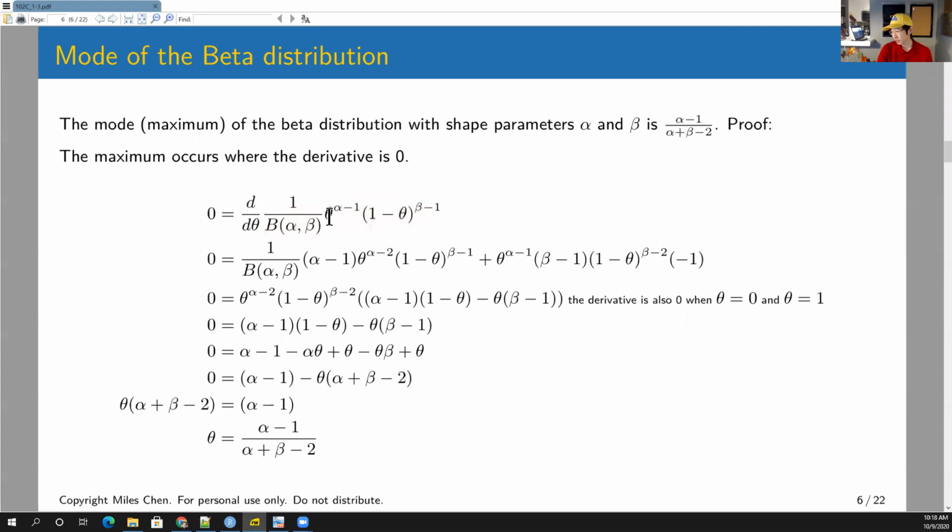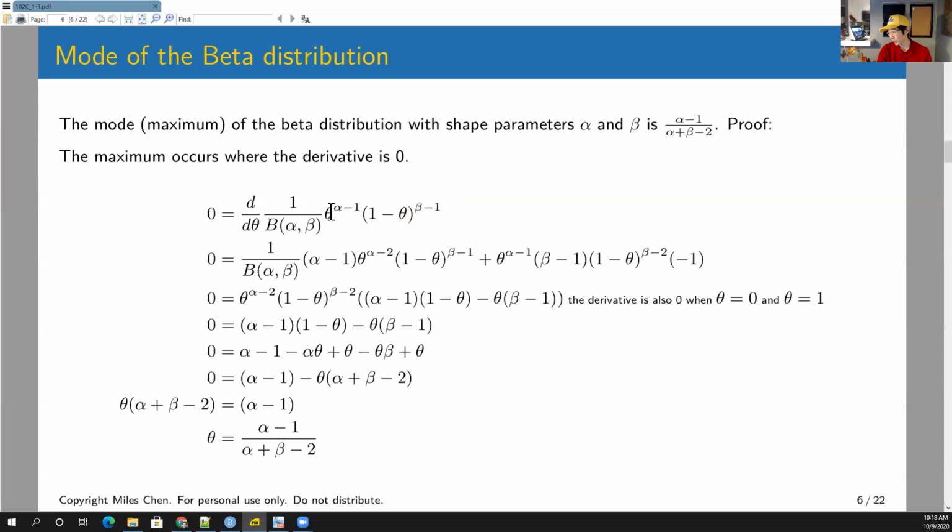Okay, and so this thing is just a constant. I'm going to take the derivative with respect to theta. This is just a constant. And then this is a product. So you've got basically the derivative of the first times the second plus derivative of the second times the first.